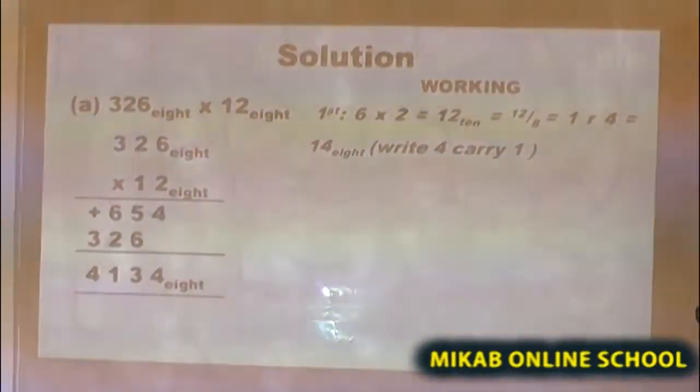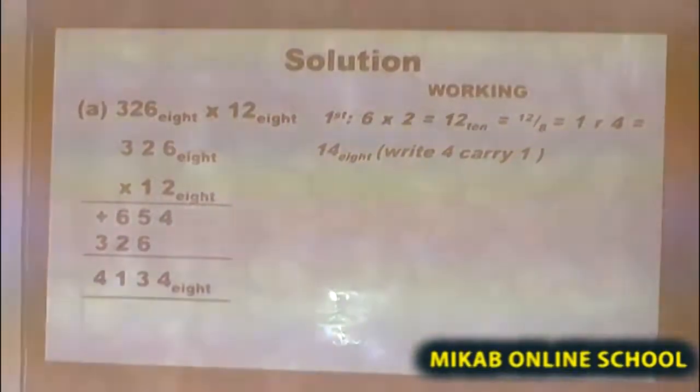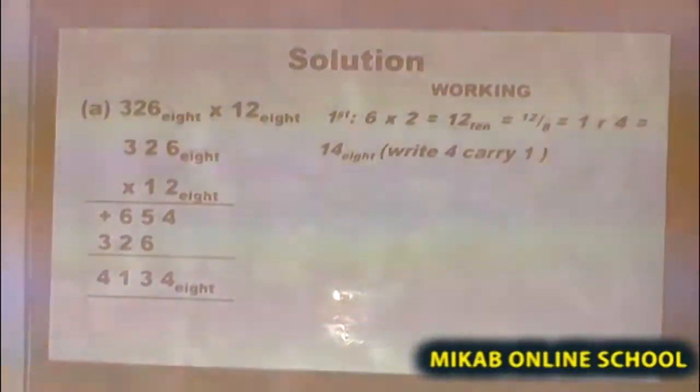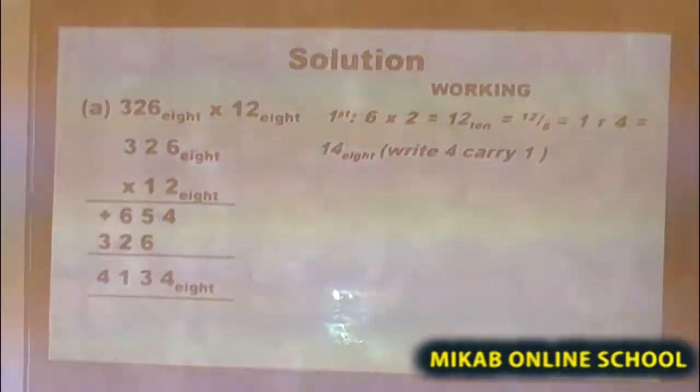So like we do in our normal addition and multiplication, we write the remainder and carry 1. In this case we write 4, which is the remainder, and we carry 1. That's how we have 4 here. Remember, we've carried 1.